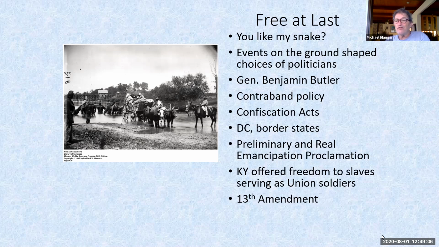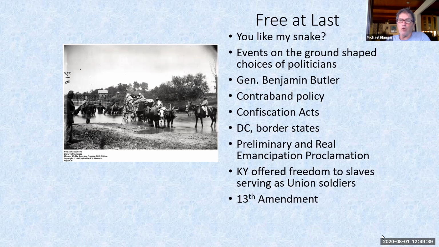But the last few months have shown that America still is in the throes of this. We still haven't come to grips to the extent that emancipation was an African American movement that involved white people as well. So Benjamin Butler was one of the first generals to push Lincoln along.